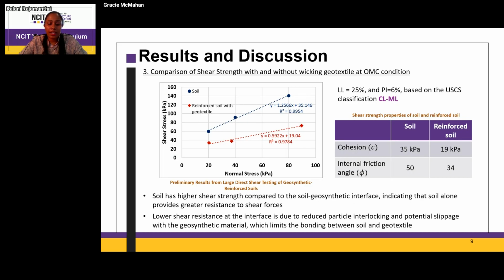This table highlights that the regular soil has a cohesion of 35 kilopascal and an internal friction angle of 50 degrees, and the reinforced soil has a cohesion of 19 kilopascal and an internal friction angle of 34 degrees. This reduction in strength can be because of less particle interlocking and potential slippage, which limits the bonding between the soil and the geotextile.